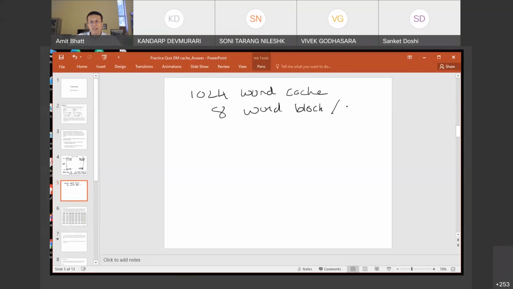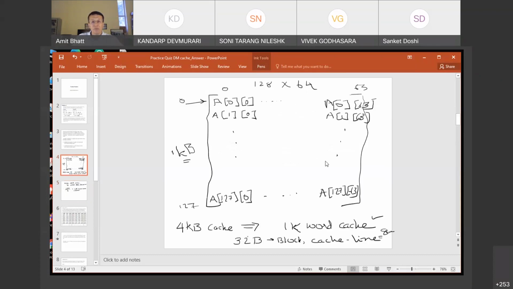Block or cache line, whatever you want to say. So that means I can have, and quite a few people have answered it, 128 cache lines or blocks, whichever one you prefer. Now let us look at the first problem.